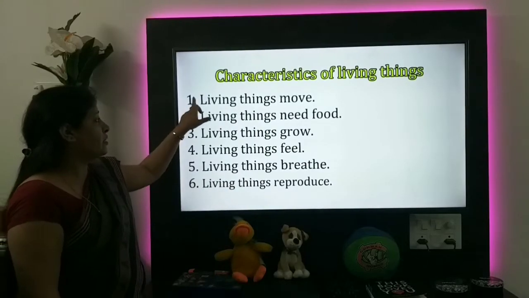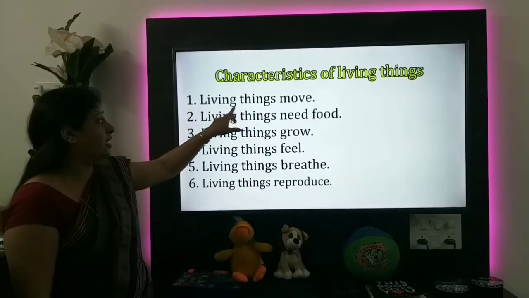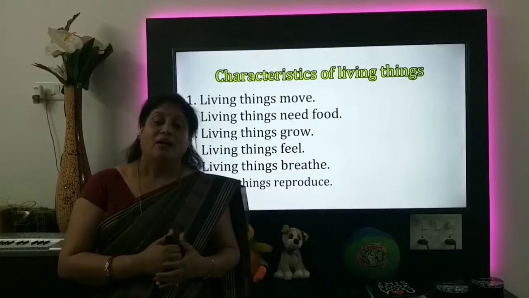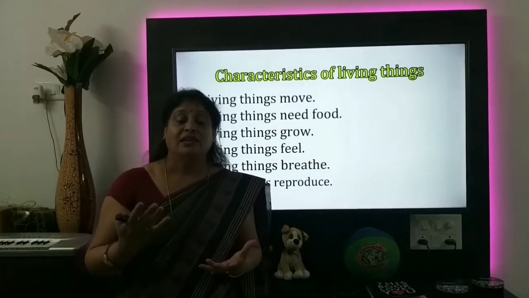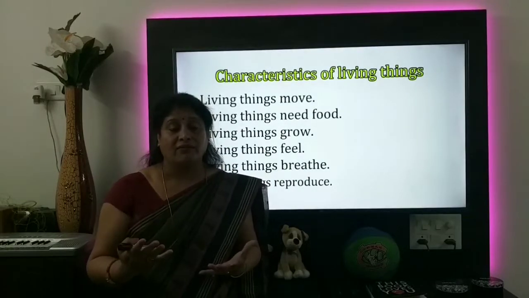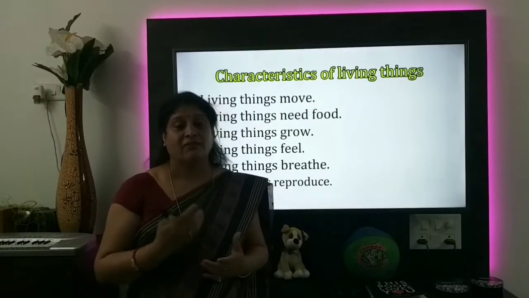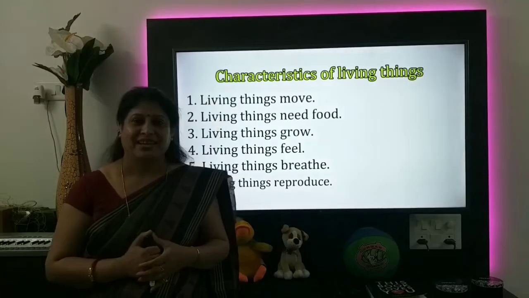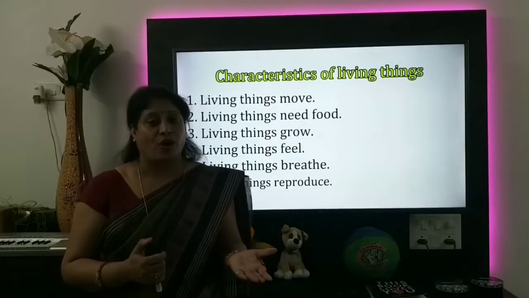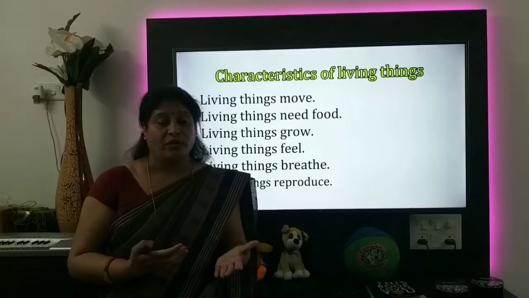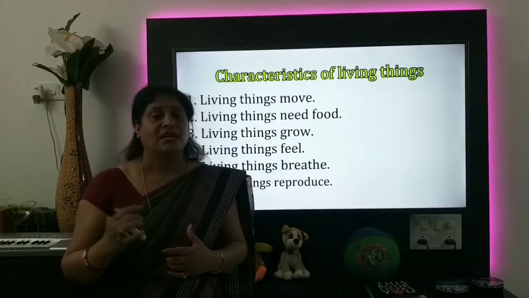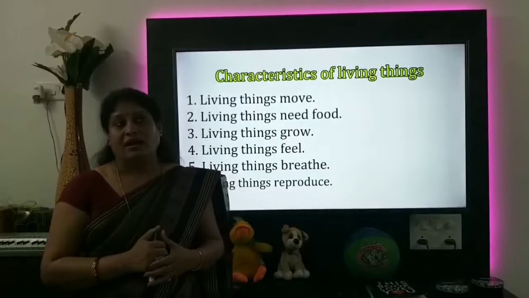So, firstly, we are going to learn about the first point, living things move. The movement of living things shows that living things are alive. Birds and some insects fly. Fishes swim. Cats and dogs walk. So, living things can move, but non-living things cannot move.